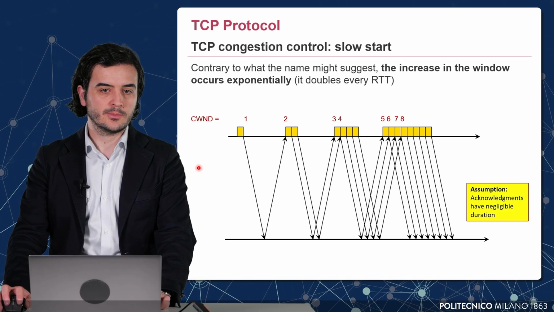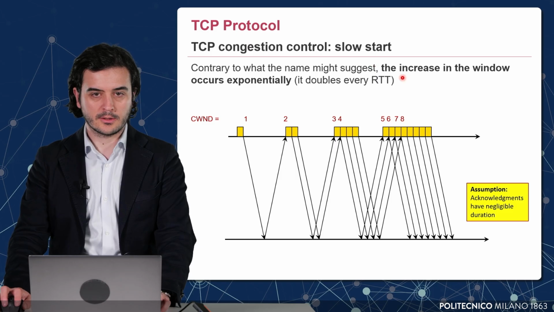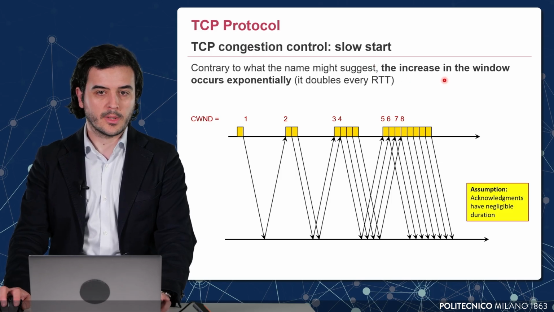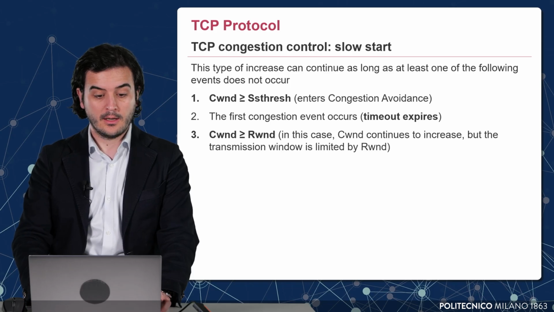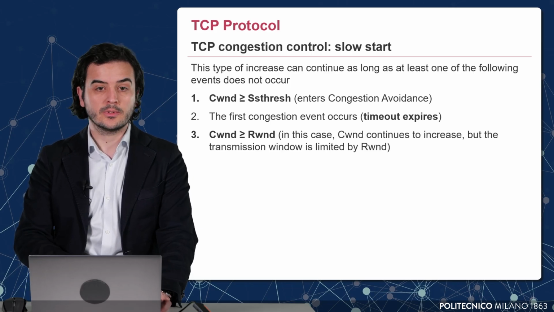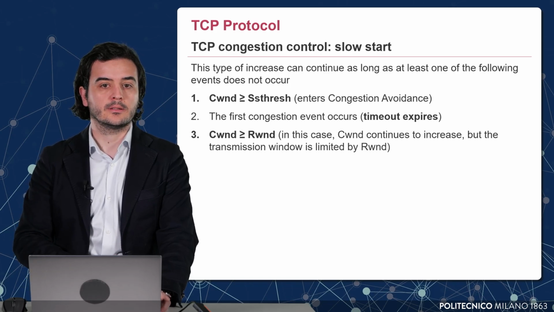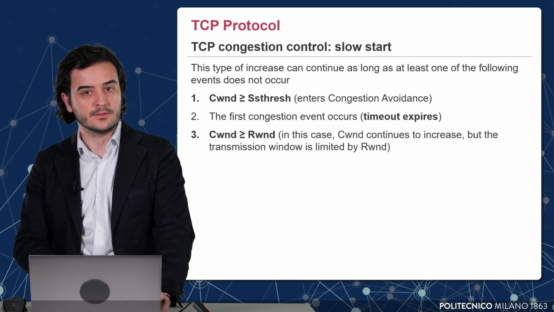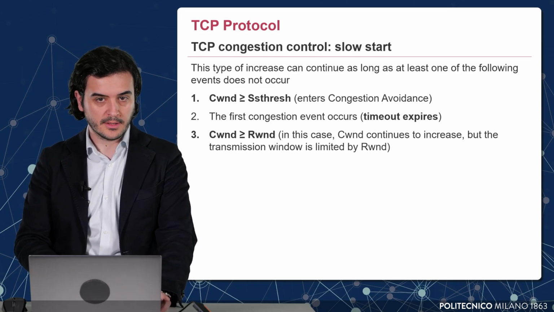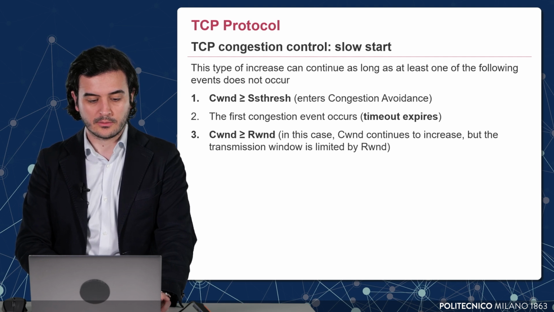When the TCP transmitter is in slow start, the increment of the congestion window happens exponentially. However, the transmitter only stays in the slow start phase up to a certain point before it goes to the other phase we've defined, which is congestion avoidance.